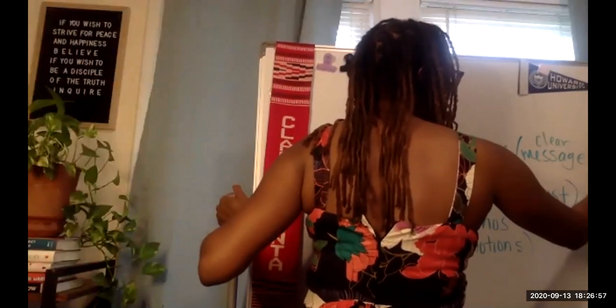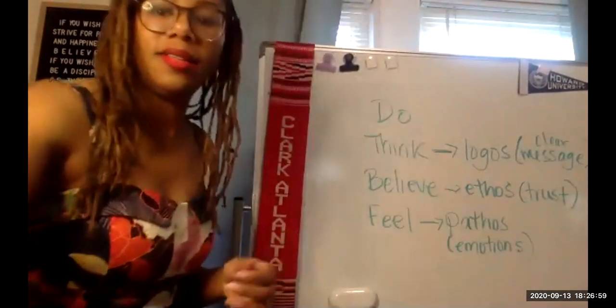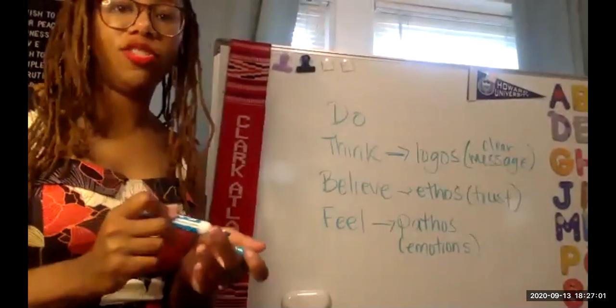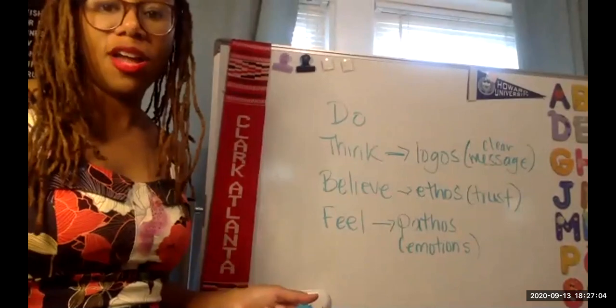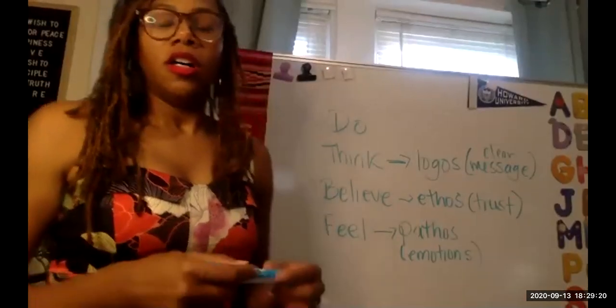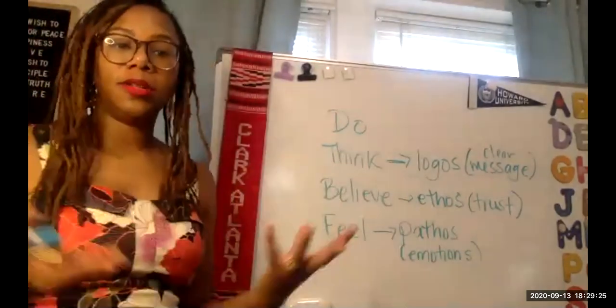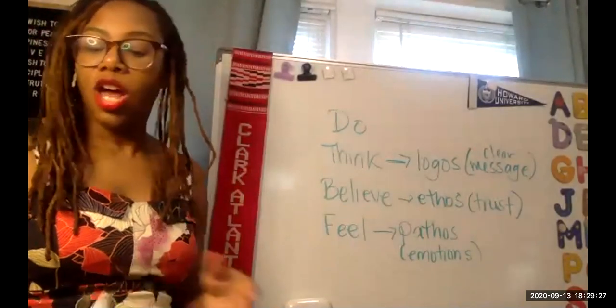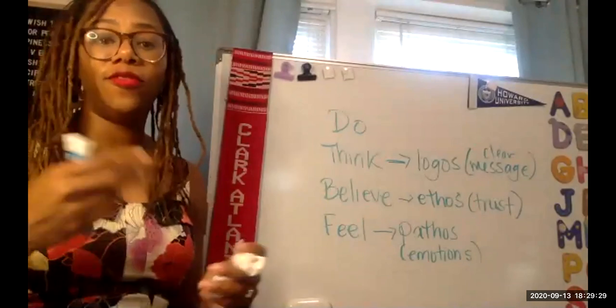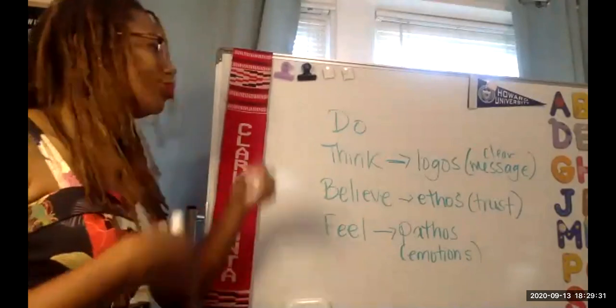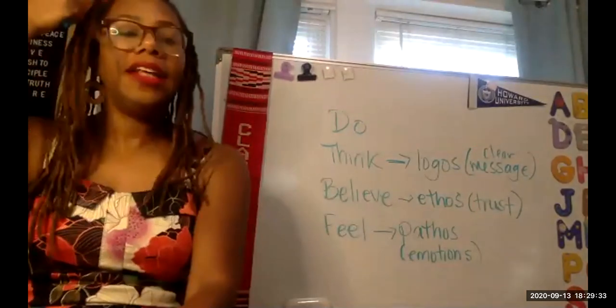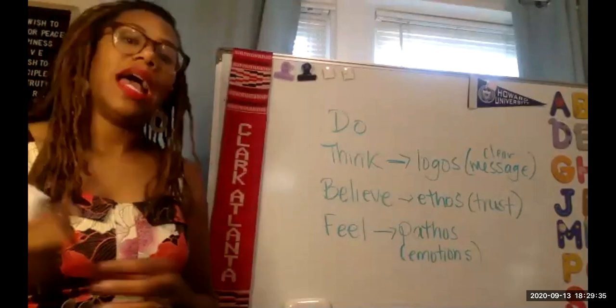So clear message. Not a jumbled up message that no one's going to understand. So think is associated with logos, which means to deliver a clear message. So if I am trying to convince my audience to do, think, believe, feel, I need to make sure that my message is nice and clear.